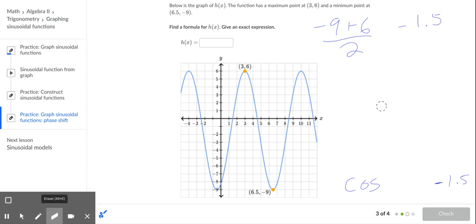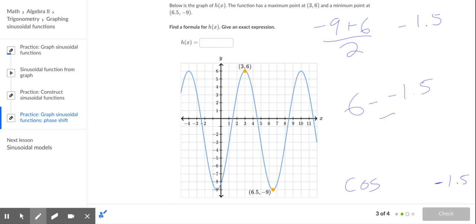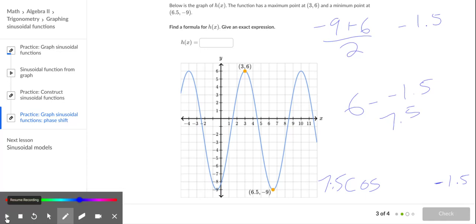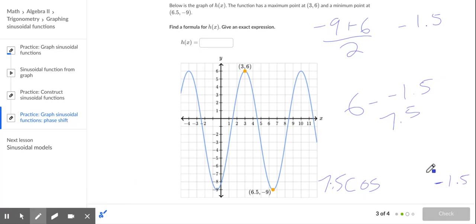Sorry, other way around. 6 is our maximum, so it's going to be 6 minus negative 1.5, which is going to be 7.5. That's going to be our amplitude. So that goes here, 7.5. So we have the midline, we have the amplitude, and now we need to figure out what our period is.